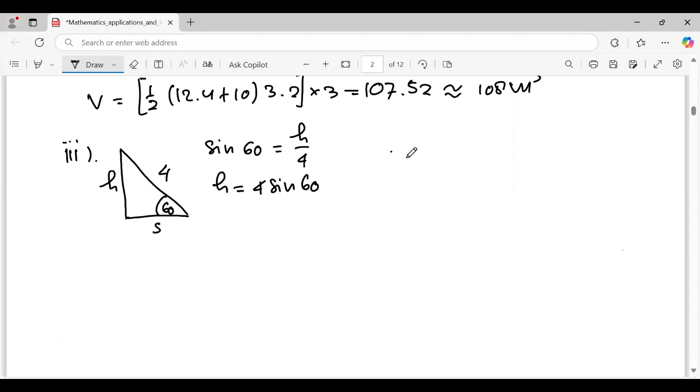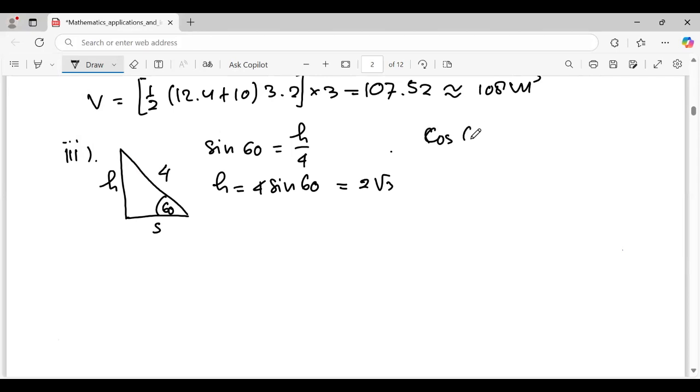Sine 60 is square root 3 over 2, so 4 times sine 60 becomes 2 square root 3.